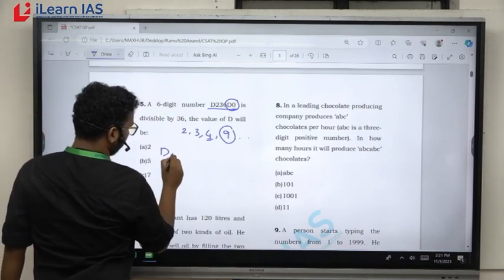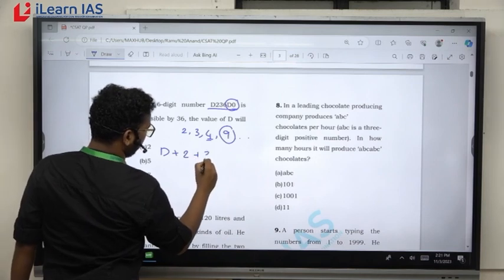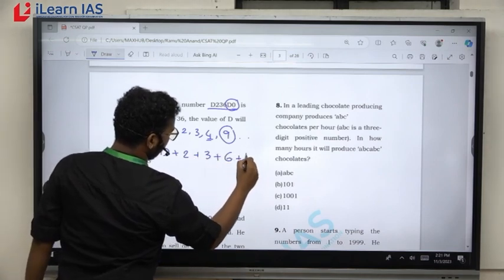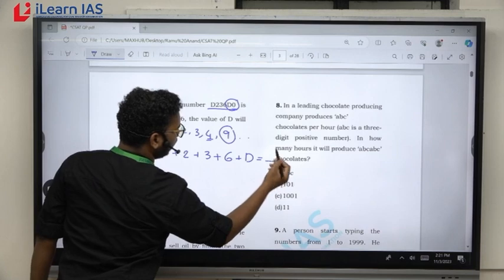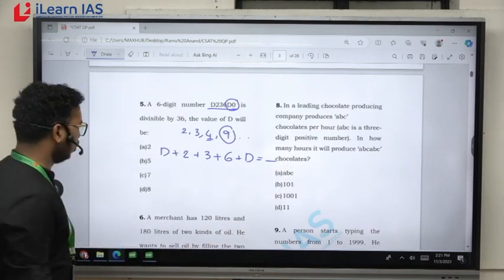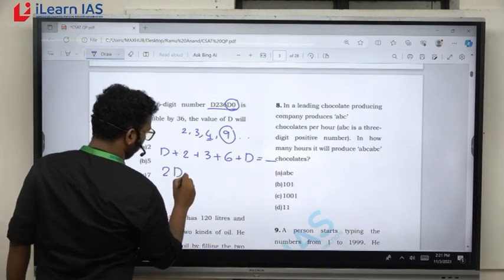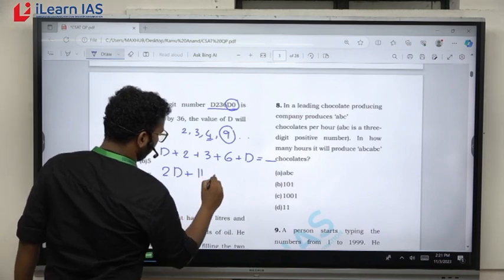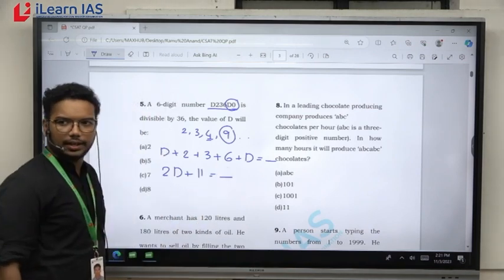D plus 2 plus 3 plus 6 plus D equals a multiple of 9. So 2D plus 11 equals a multiple of 9.